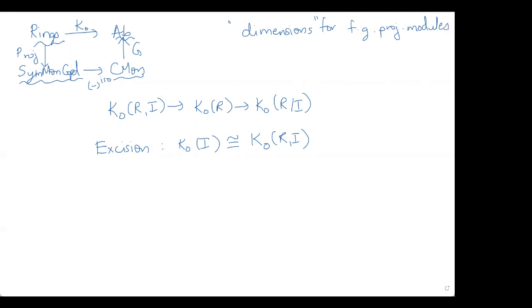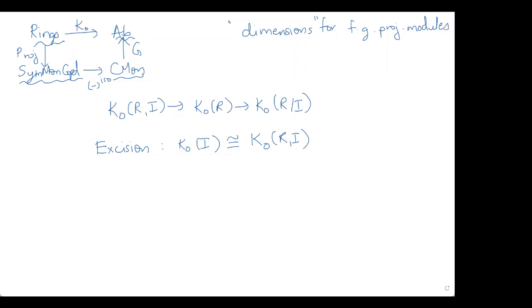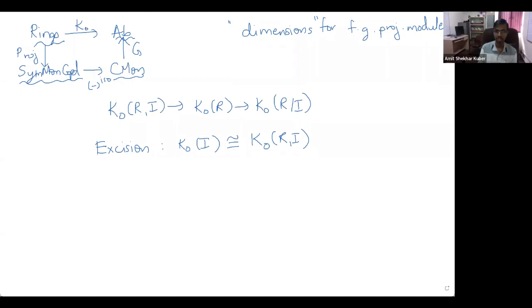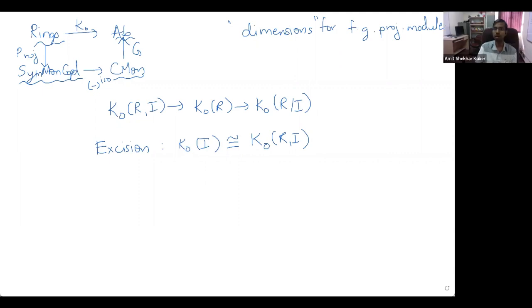Sir, I have one. Yeah. So in the top left of the diagram, you have rings to symmetric monoidal groupoids. A ring R will give you a category of right projective R-modules, right? Yes. But you're saying that is a groupoid? Yeah, we forget about other maps.